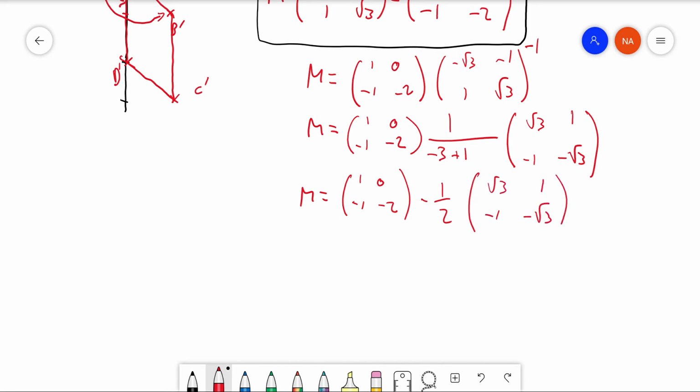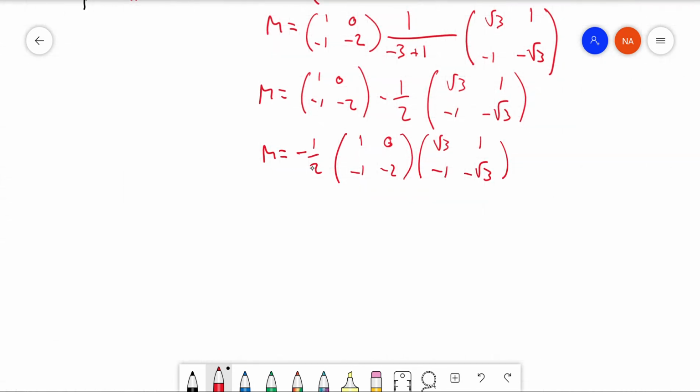Any number can go to the front, and because it will only complicate things, I'll leave that number till last, and I'll deal with that at the end. Then I'm going to get [1, 0; -1, -2], that's a 0, not a 6, times [√3, -1; 1, -√3].